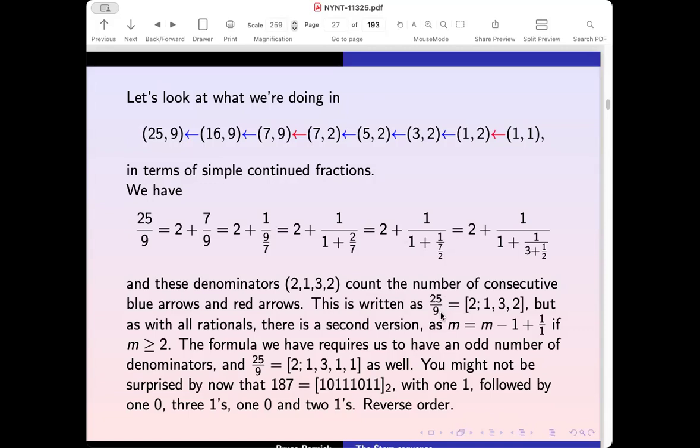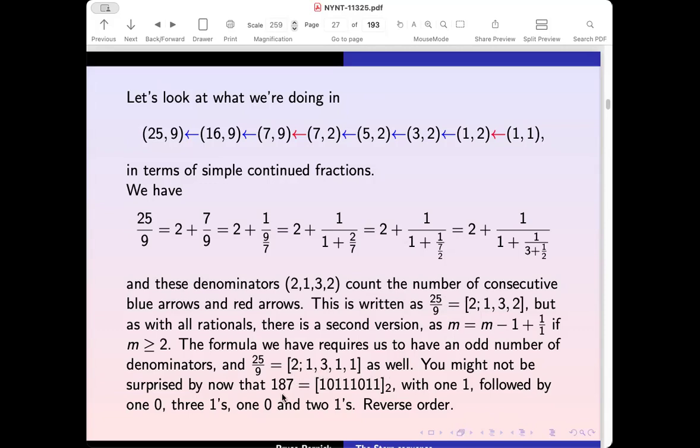The continued fraction representation for 25 over 9 is usually written as 2, 1, 3, 2. But as with all rationals, there is a second version because m is always equal to m minus 1 plus 1 over 1. So 25 over 9 could be 2, 1, 3, 1, 1.